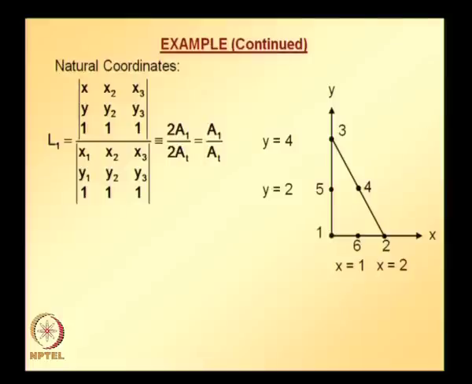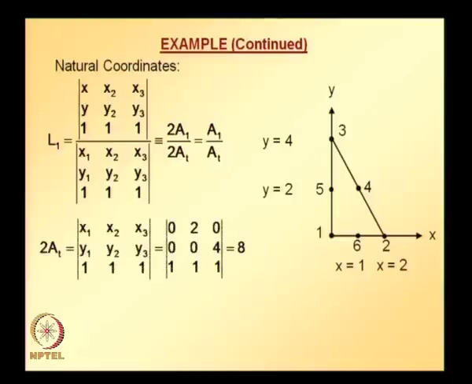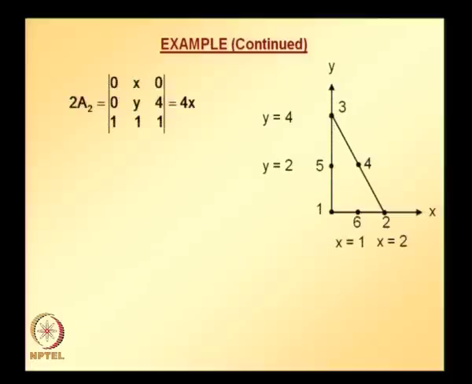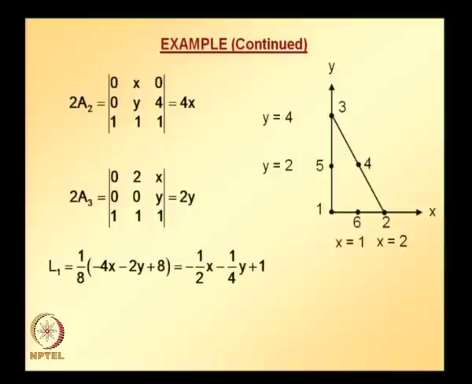So, L1 is given by this formula, and to find L1 we need to calculate what is AT and A1, they are also shown, and finally we can calculate L1, and also to calculate L2 and L3 we need to know what are A2 and A3.